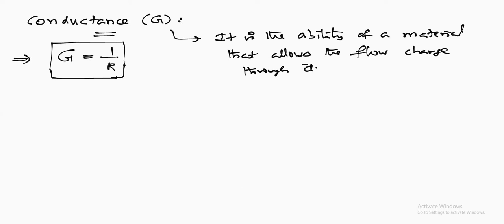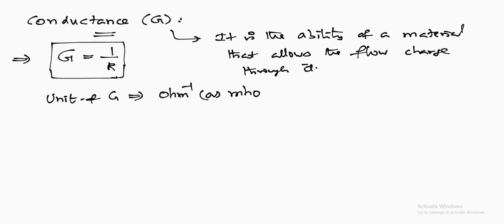What is the unit of conductance? Very simple. What is the unit of G? It is 1 by R. Unit of R is ohm, and R is in the denominator, therefore the unit of conductance is ohm inverse. Instead of ohm inverse, you can also use the unit mho. Mho is nothing but ohm inverse.